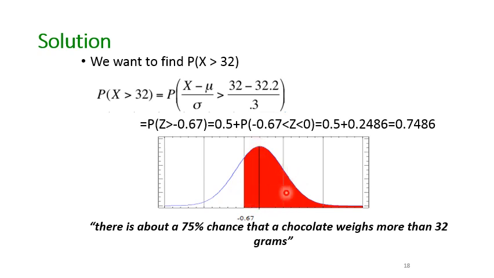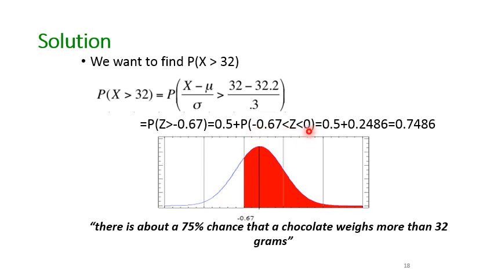So we can write this area to the right as 0.5, the area of this half of the curve, plus the area from negative 0.67 up to 0. This area is the same as the area from 0 up to 0.67, the positive of this value, because the curve is symmetric.